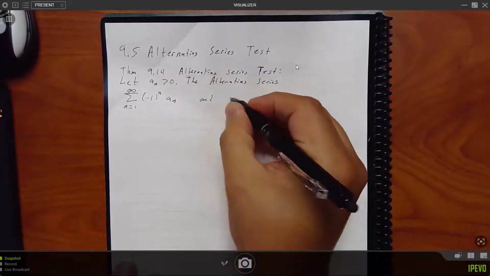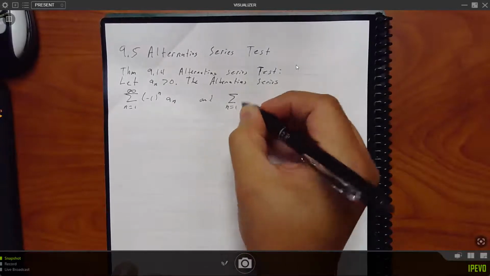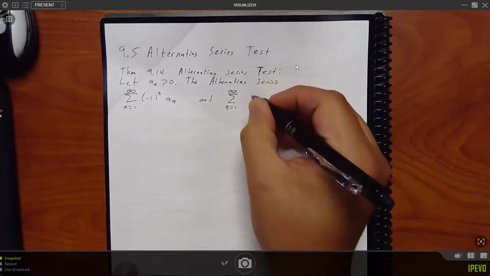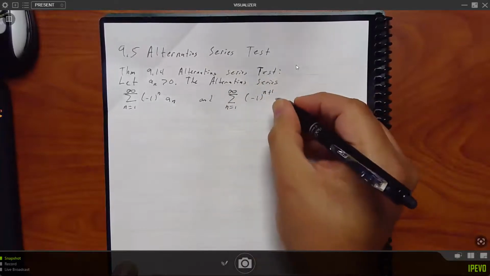And it could also be written this way: n equals 1 to infinity of (-1)^(n+1) times a sub n.